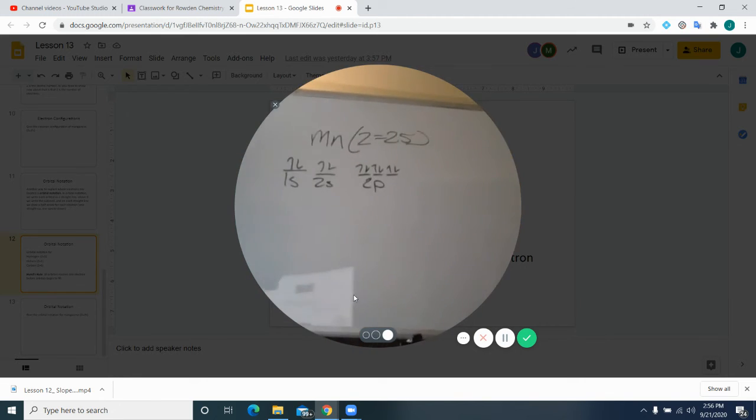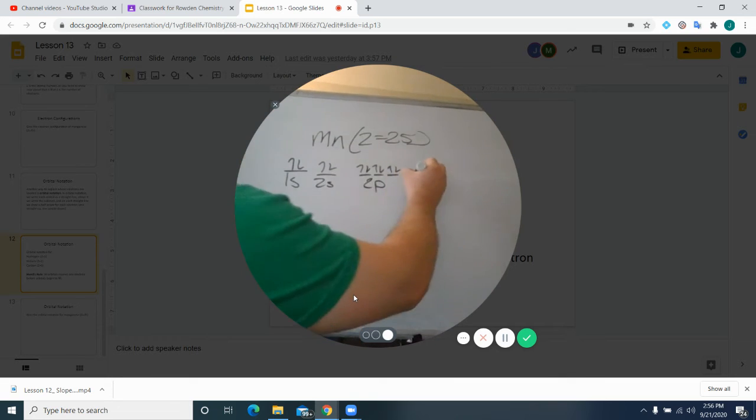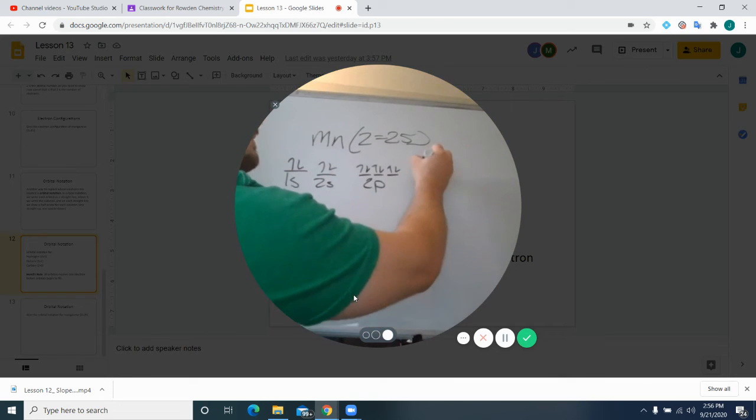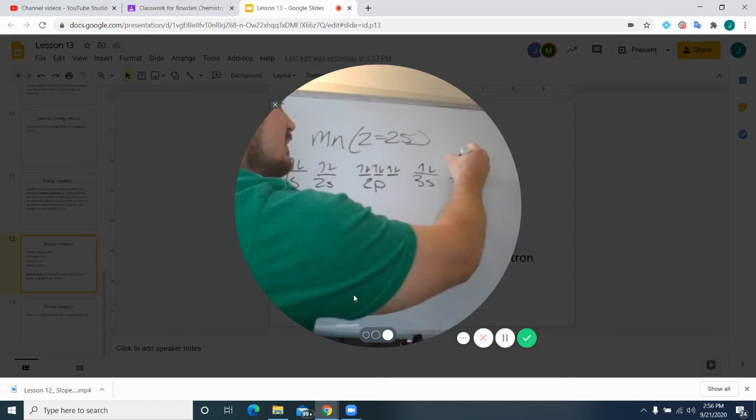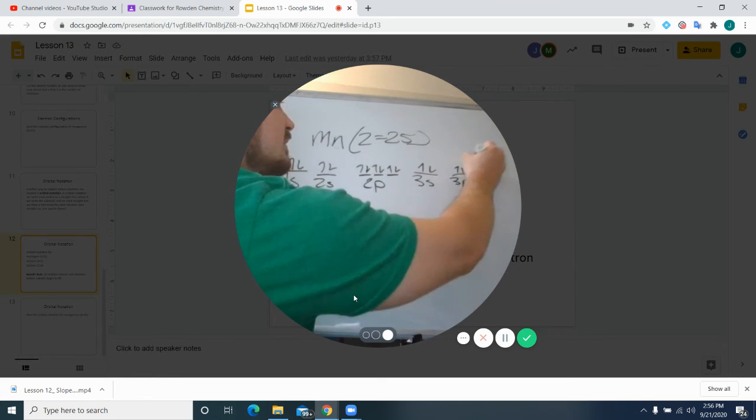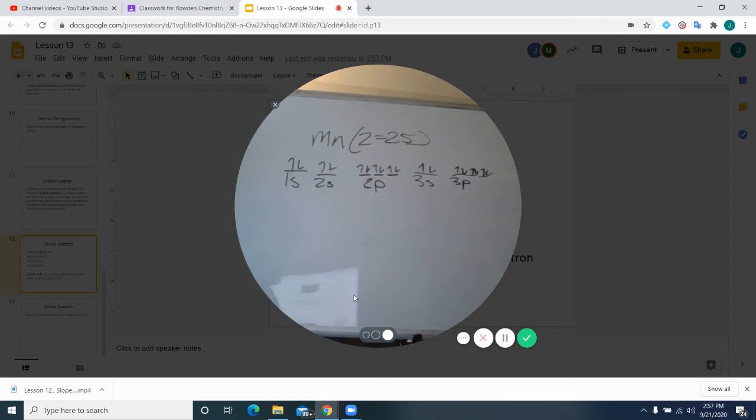And then after 2p, we'll have 3s. And then 3p. Let's see how we're doing so far. That's going to be 2, 4, 6, 8, 10, 12, 14, 16, 18. So we've got 7 left to deal with.